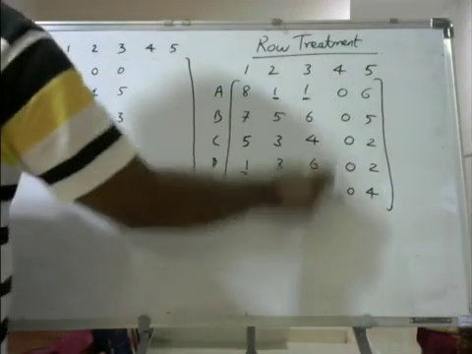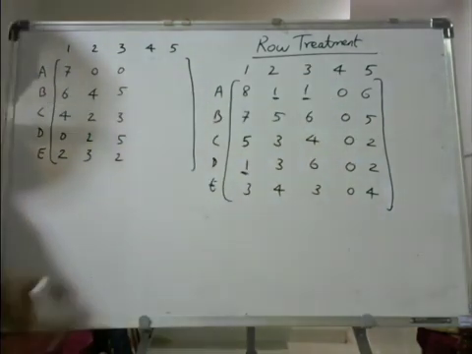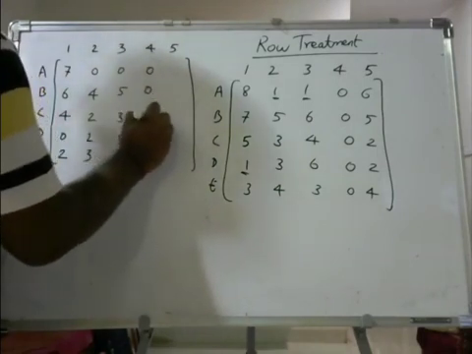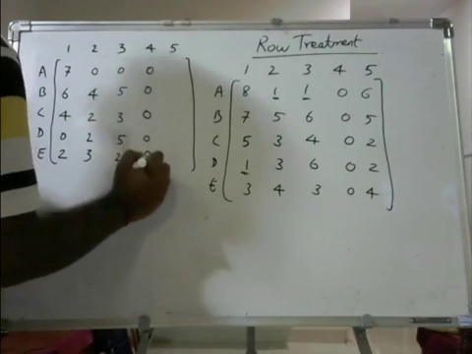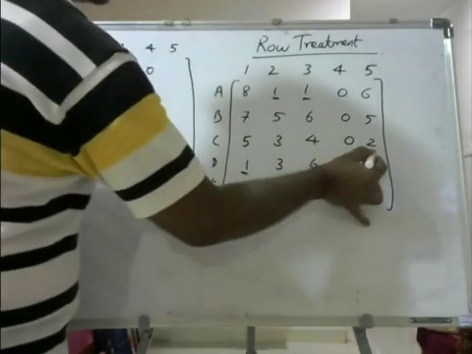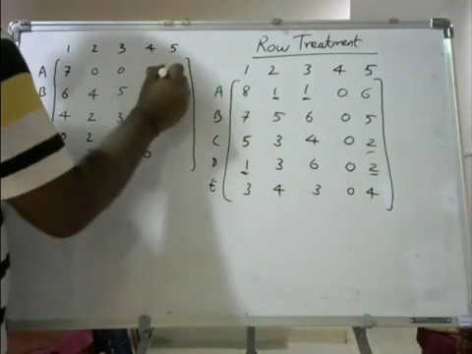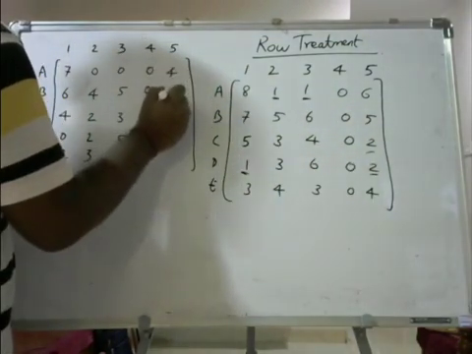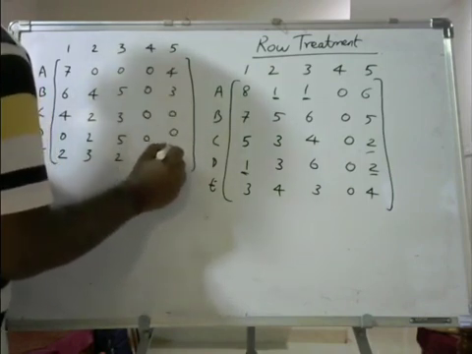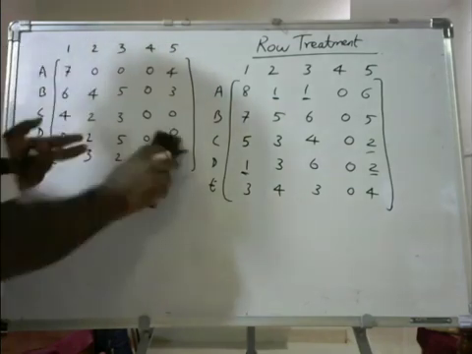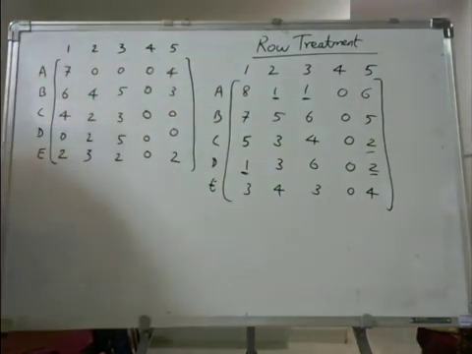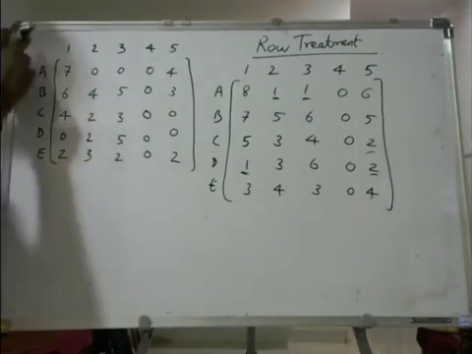In the next column the least number is 0, all are zeros, so we keep them as they are. In the last column there are two least numbers, 2 and 2, so we subtract that: 4, 3, 0, 0 and 2.